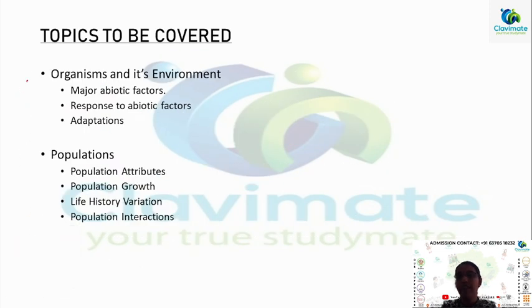We have two topics, organisms and environment and populations, under this chapter. Under organisms and its environment, we have major abiotic factors, response to abiotic factors and adaptations. Under populations, we have population attributes, growth, life history variation and population interactions.